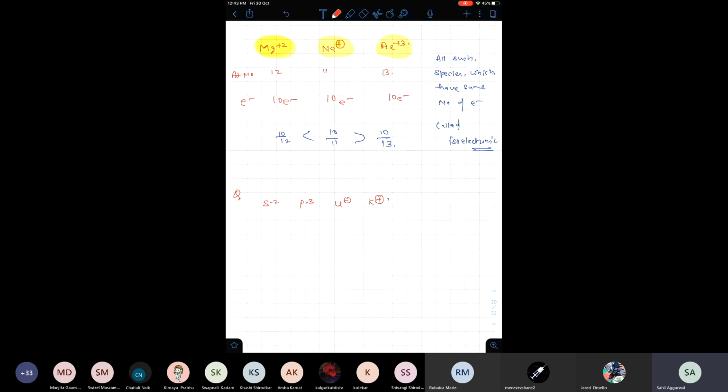What about this, which has maximum size? Tell me quickly. 18 electrons, 18 electrons, 18 electrons, 18 electrons.